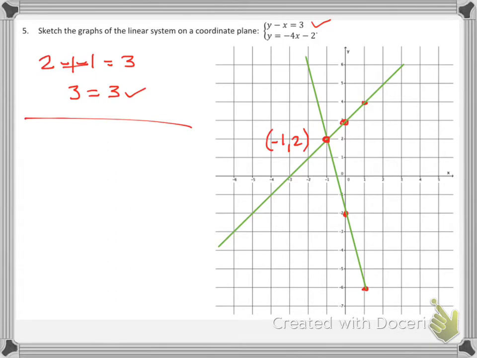And then for the second one, y, well, that's a 2, is equal to -4 times x, well, that's a -1, minus 2. So we have 2 is equal to -4 times -1 is a +4, minus 2, and 4 minus 2 is 2. So 2 equals 2 is true. That makes that also a solution for the second equation and the solution for our system.